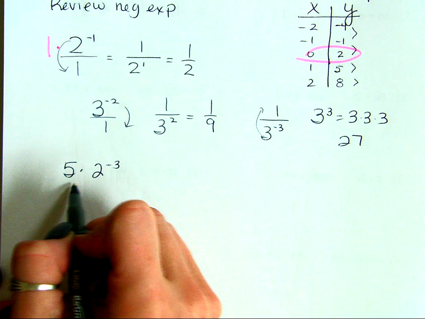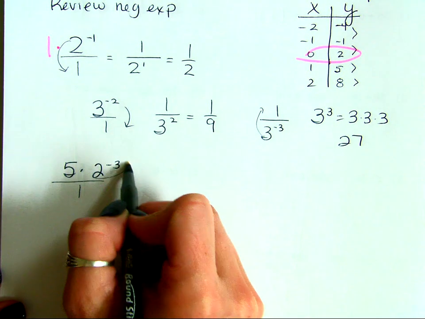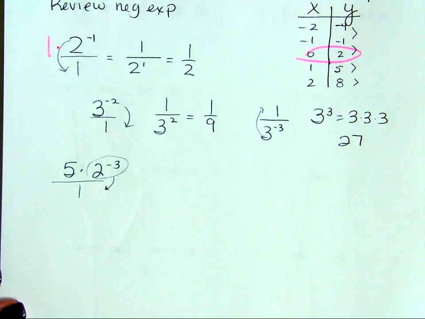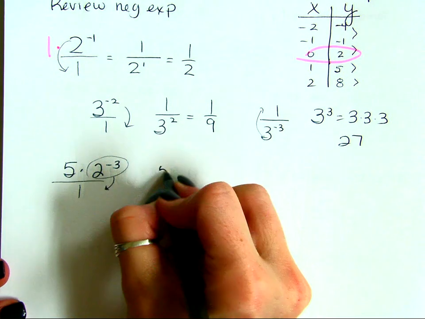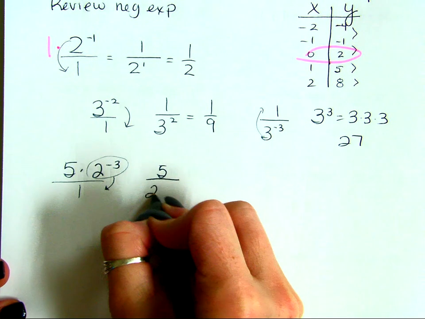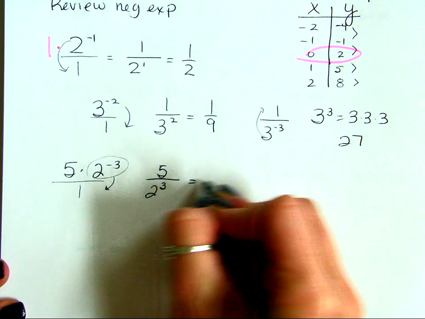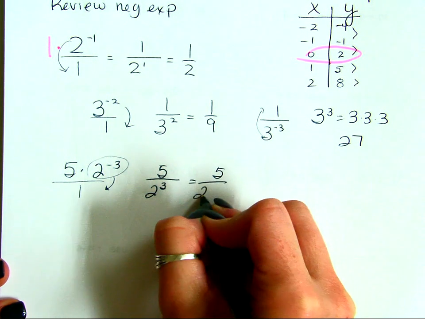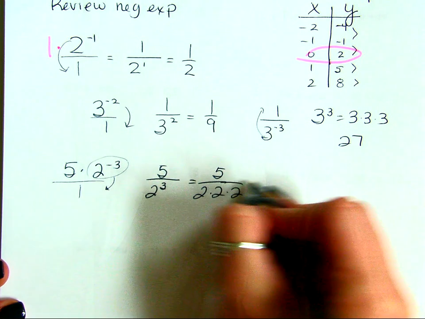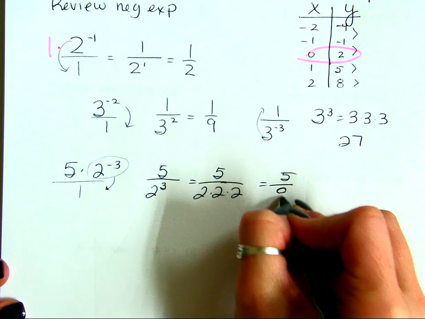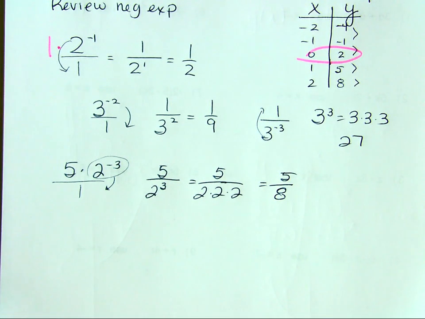So that 5 is going to stay put. I'm only moving that 2, which means the 5 stays, and this 2 to the positive third power means 5 over 2 times 2 times 2, which is not 6. It's 8, okay? So why am I showing you all this? Because you're going to need to know how to do all of this when we work on our exponential growth and our exponential decay. So let's move on to exponential growth.